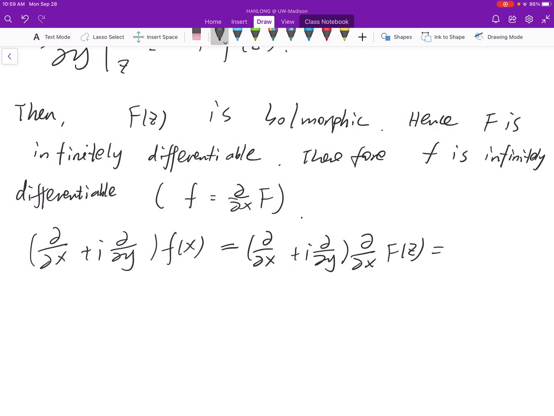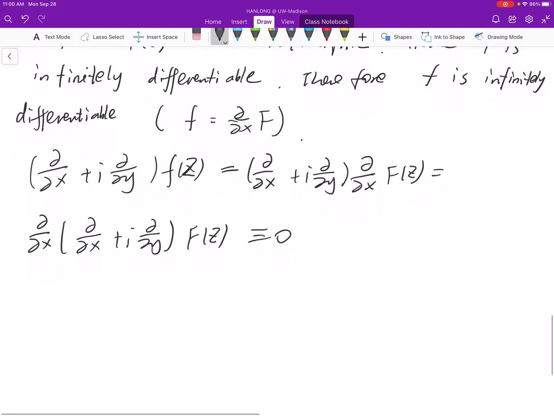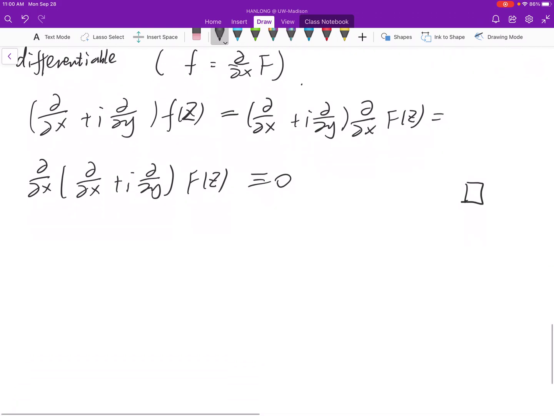So you first apply the Cauchy-Riemann operator, then apply the x derivative. Then you see it's automatically 0. Then we are done by the first definition.